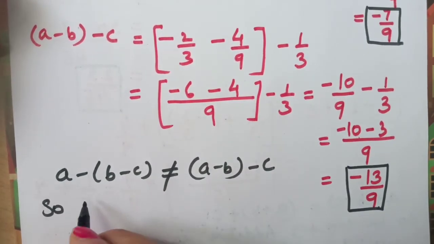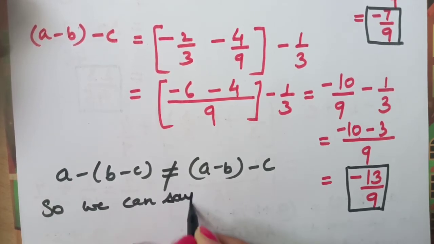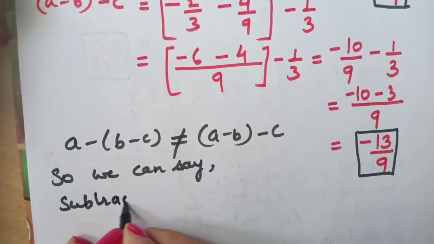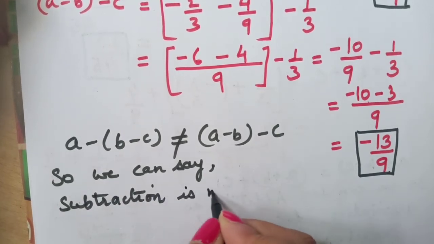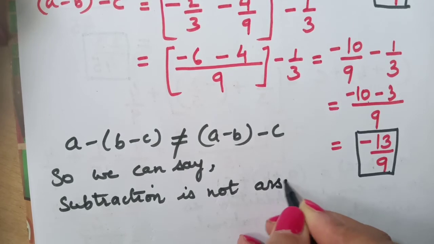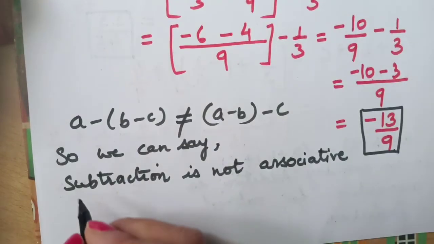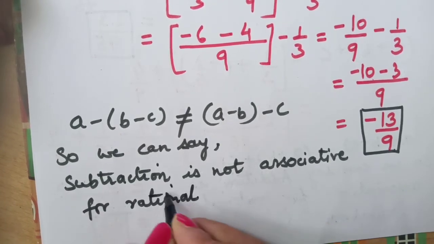So what is the conclusion? Conclusion is that we can say subtraction is not associative for rational numbers.